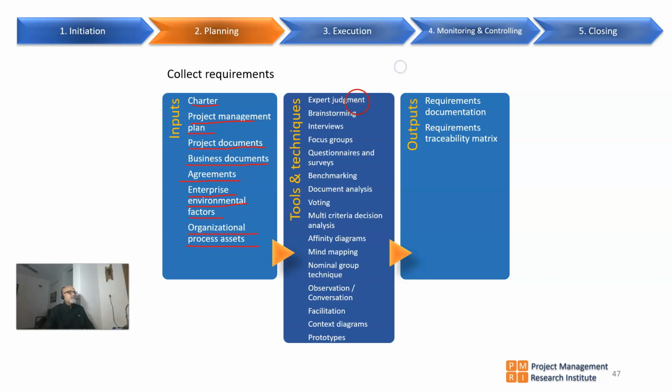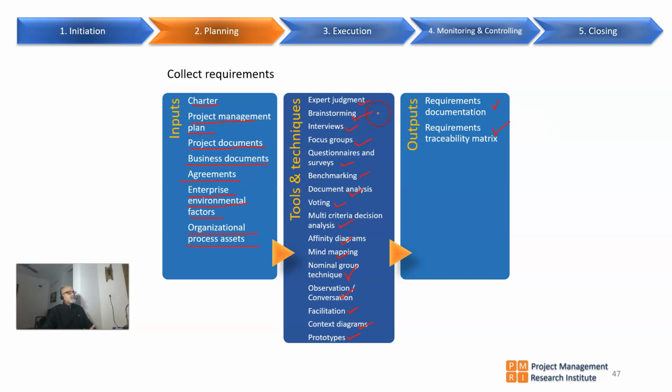And on top of it, we use our expert judgment, brainstorming, interviews, focus groups, questionnaires and surveys, benchmarking, document analysis, voting, multi-criteria decision analysis, affinity diagrams, mind mapping, nominal group technique, observation and conversation, facilitation, context diagrams, and prototypes. The outputs are the requirements documentation and the requirements traceability matrix.